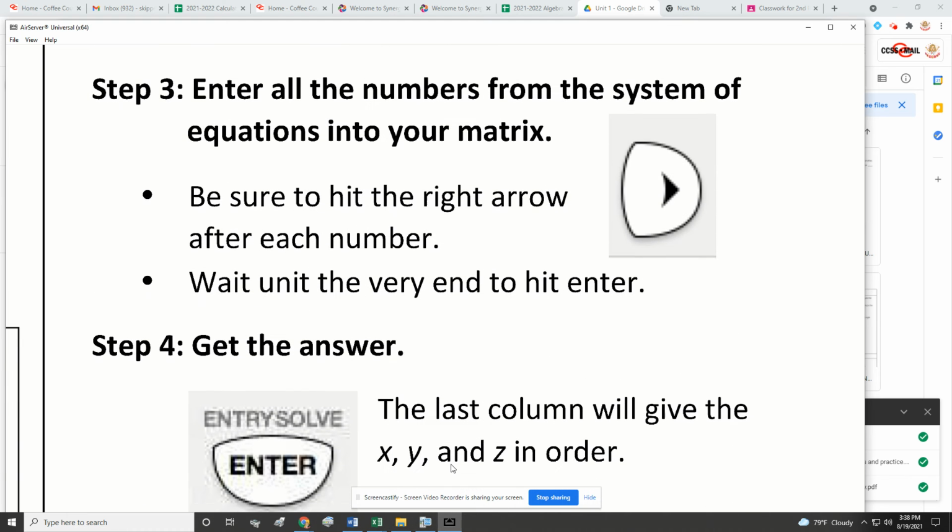All right, then we're going to put in the numbers for our system of equations.